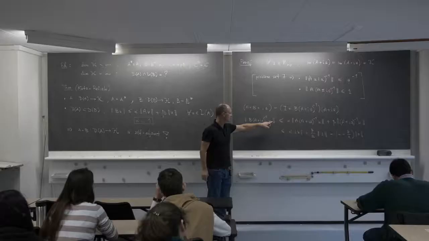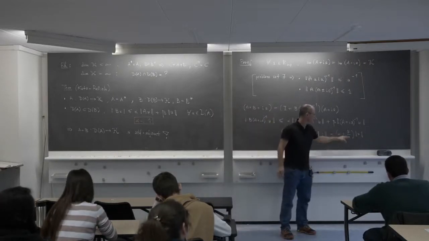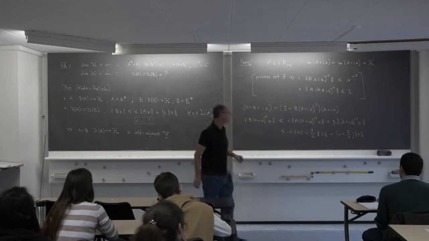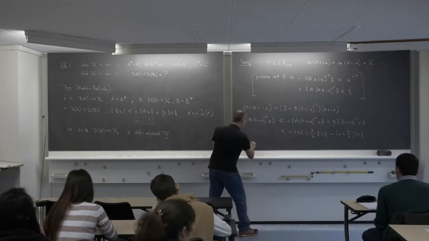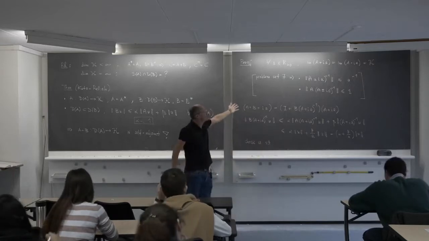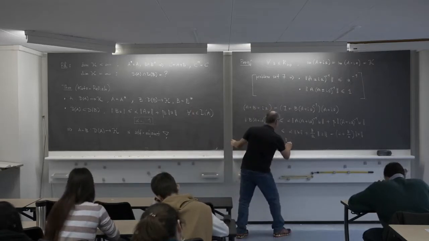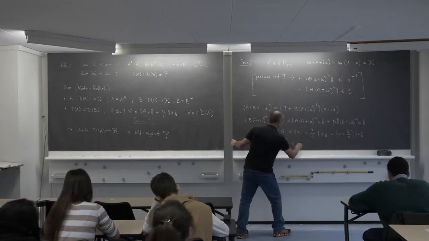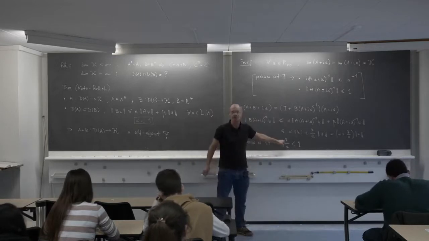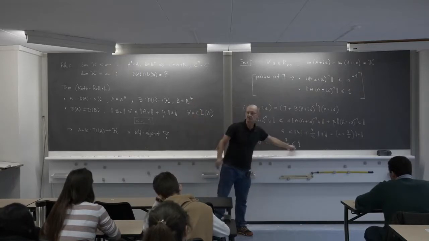So you see this operator is bounded, and its norm has this estimate, alpha plus beta over A. Now, let's choose A. A was something that we chose ourselves, right? So let's choose it in such a way that alpha plus beta over A be smaller than 1. Alpha was smaller than 1. Beta is some fixed constant. Let's choose A so large that alpha plus beta over A is still smaller than 1.